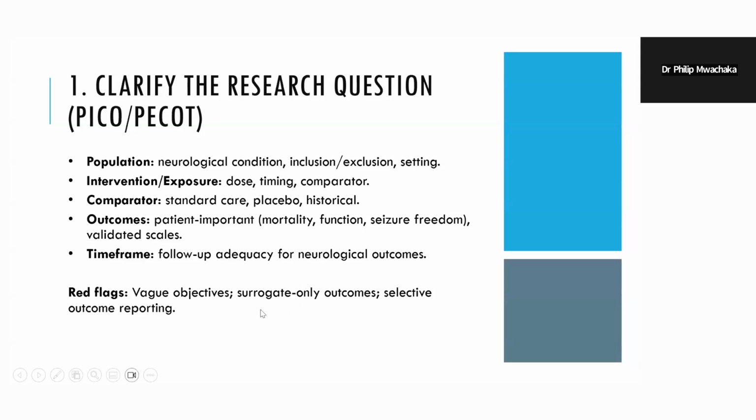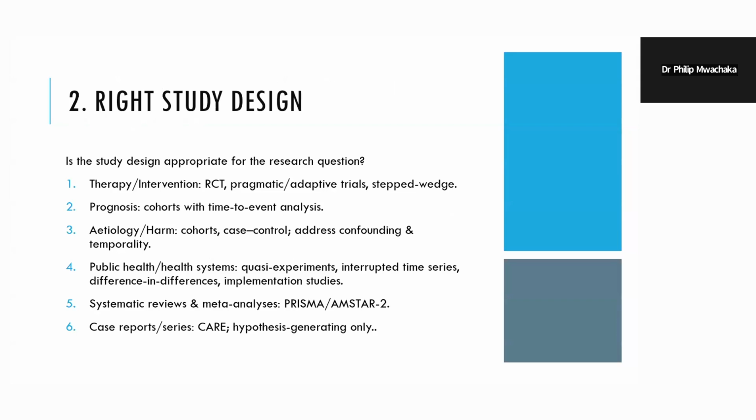Someone just measures outcomes that are going to favor the results of the study. And then selective outcome reporting. So when you see that, then you should note that the study was not very rigorous and may not be very valid.